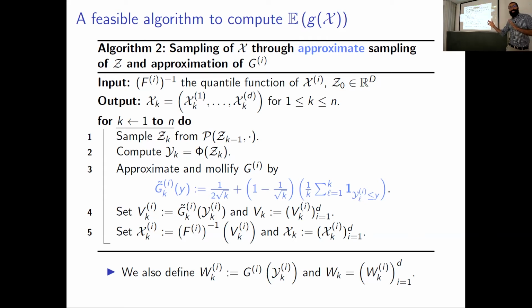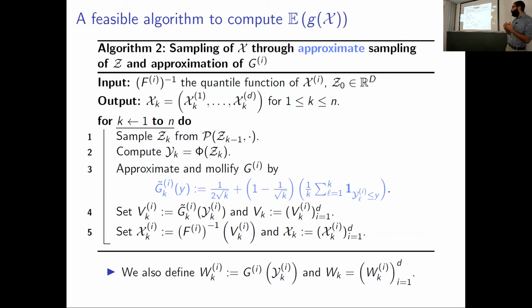So this should be close to U. And if this is close to the true U, if you apply F, you get the true X. So if you apply F minus 1 to V, it should give something that's close to the true X. I'm calling this X anyway, indexed by K. So this is a Markov chain in X as well.